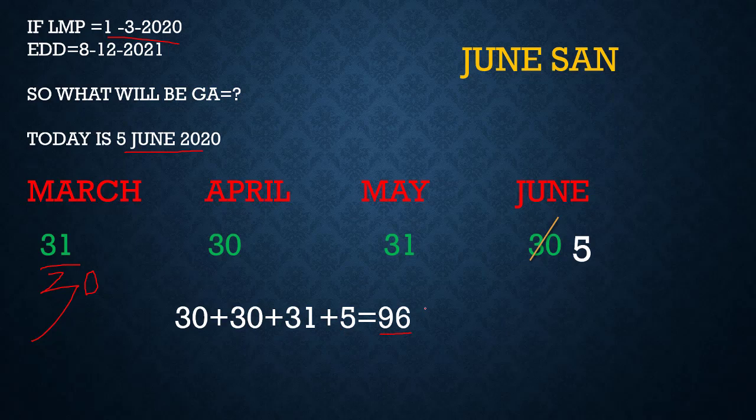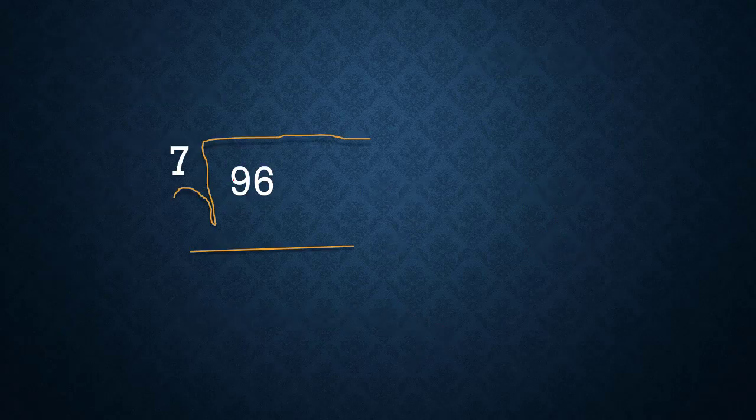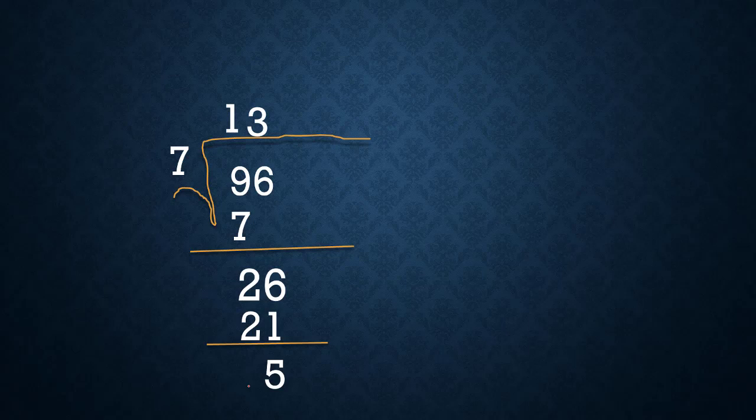Now we will divide this by 7 to calculate the age of your baby in weeks. So we will divide 96 by 7, applying the simple rule of division. 7 ones are 7, and 5 days remain. So these are the weeks and these are the days.